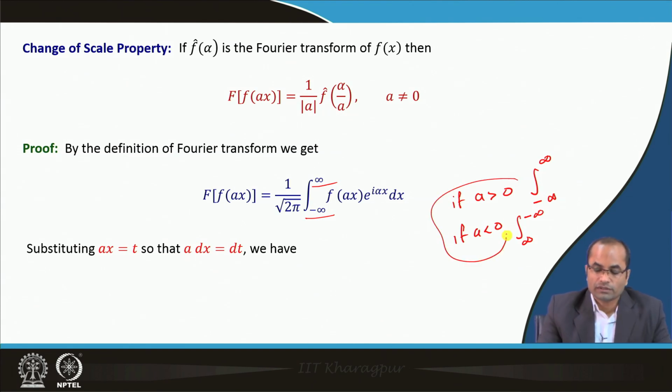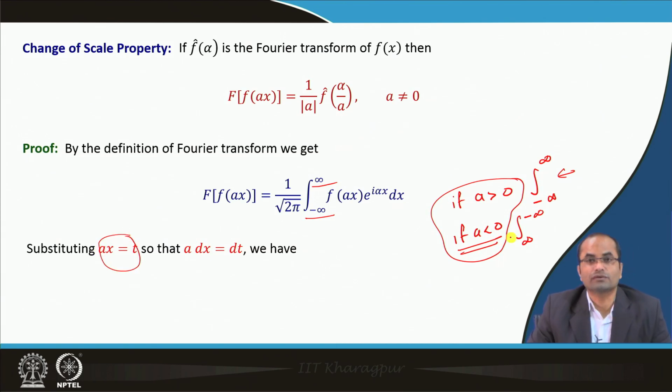So, depending on the sign of a, if a is positive, there will be no change in the limits, but if a is negative, then because of this t equal to a x, the new limits of t will have a minus infinity to plus infinity orientation.